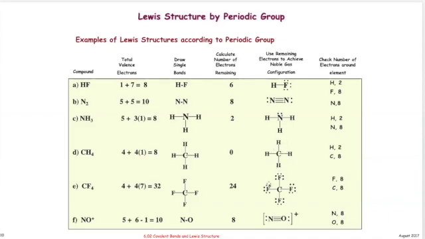Let's see, carbon here has no lone pairs. So lone pairs are exactly that, a pair of electrons that's sitting on an atom. Okay, those are called lone pairs. And 6 electrons will form 3 lone pairs. 4 electrons will form 2 lone pairs.